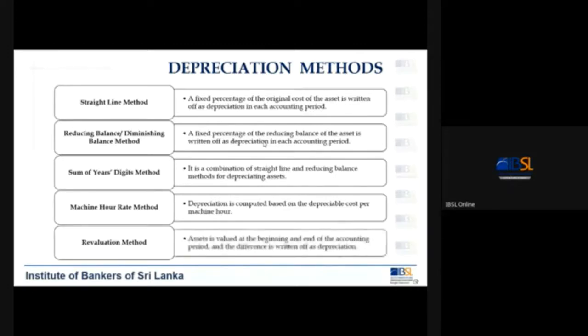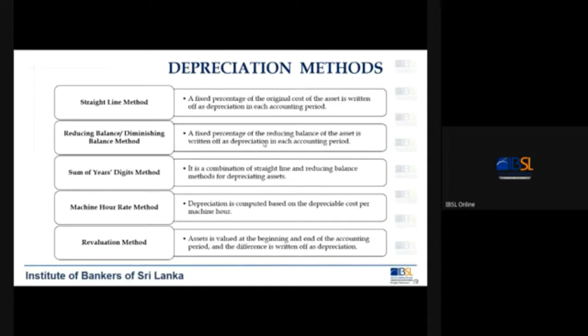The asset is valued at the beginning and end of the accounting period, and the difference is written off as depreciation. Say for example, you have a building. The building is worth 10 million at the beginning of the year, and you again value it at the end of the year. Let's say it becomes 9 million, then obviously you have a depreciation of 1 million.